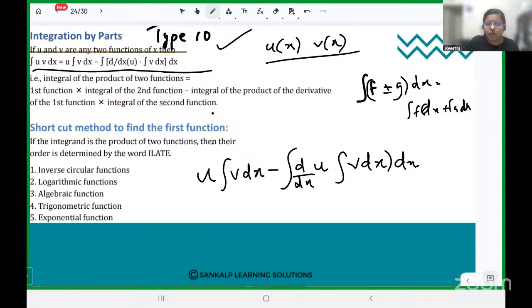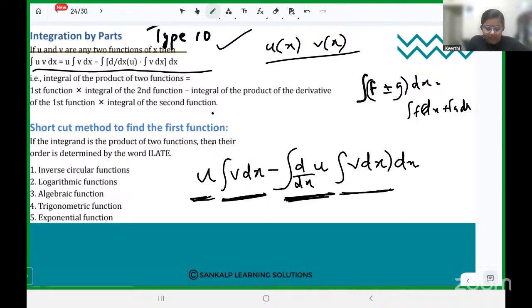What is it? If you are given two functions, what you have to do is: first function into integral of second function, minus integral of derivative of first function into integral of second function.